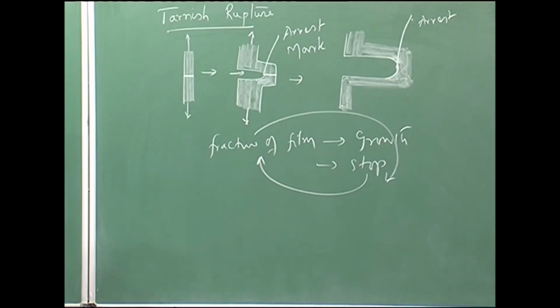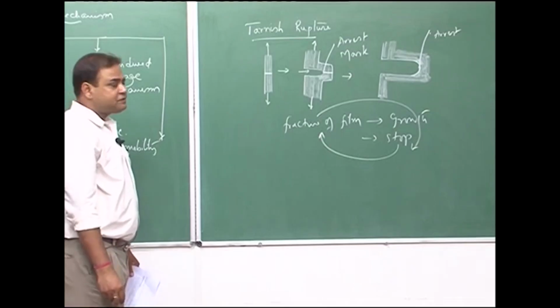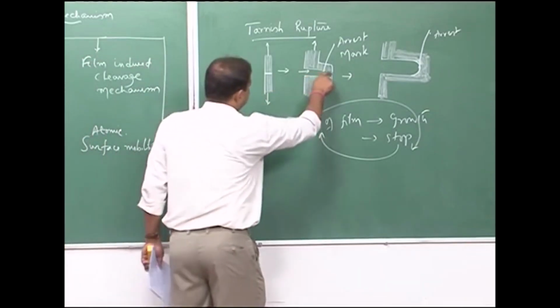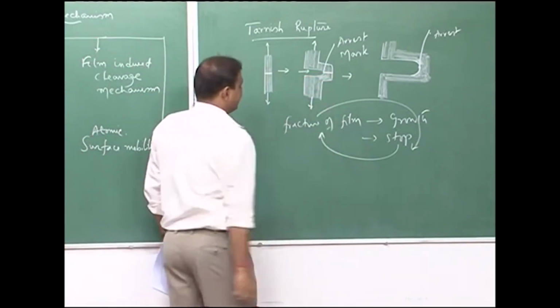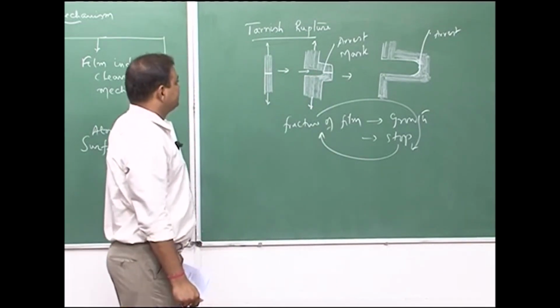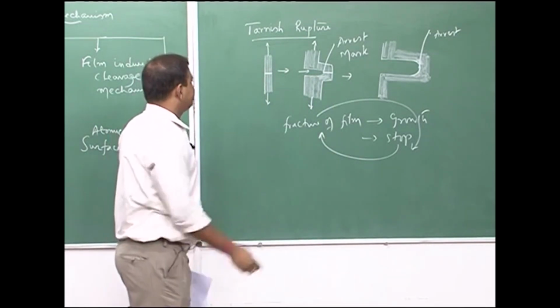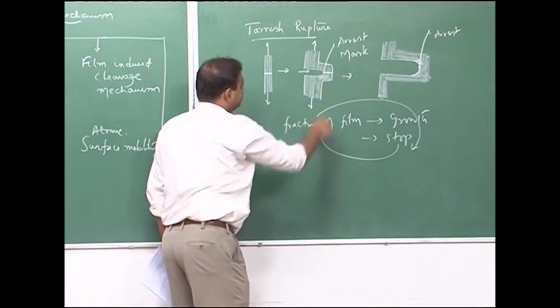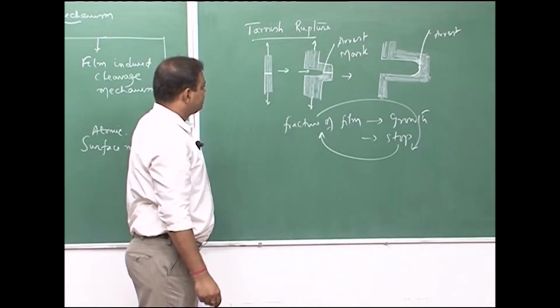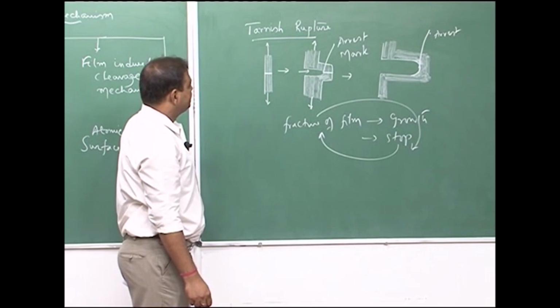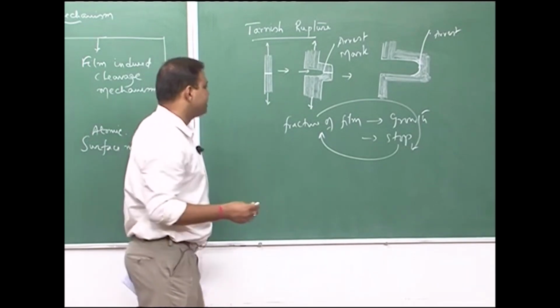Now, the point is that in this model, you can see that transgranular would be the nature of the fracture surface, because the crack is not growing into the tough matrix, rather the crack is forming only in the film. So, the predominant nature of the fracture surface would be transgranular.